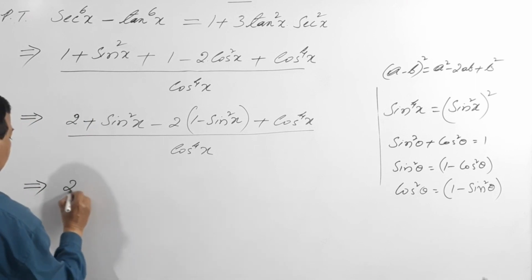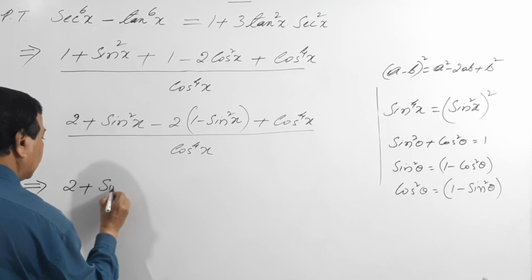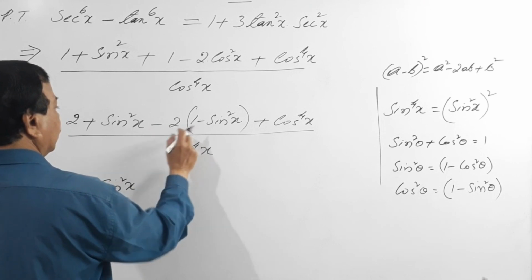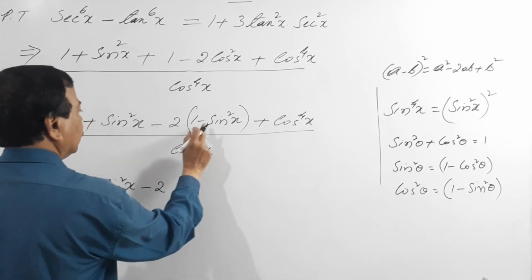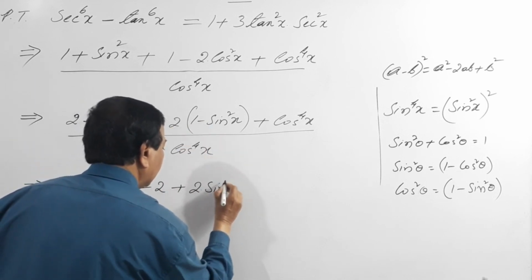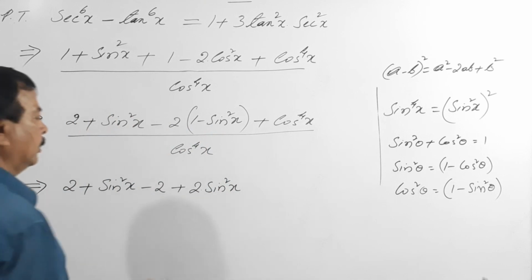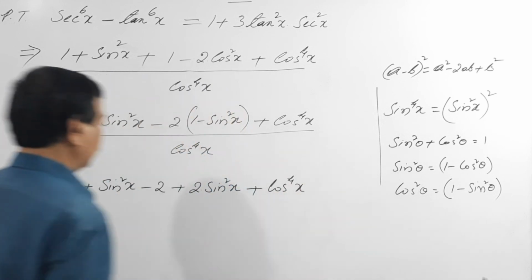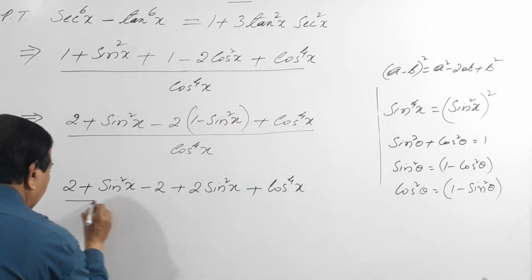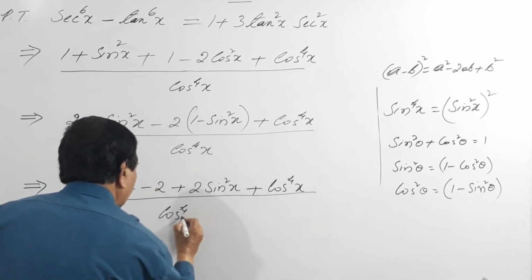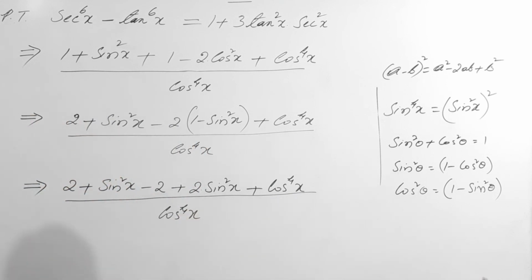That equals 2 plus sin square x, minus into minus 2 becomes plus 2 sin square x, plus cos to the power of 4x divided by cos to the power of 4x. So here you have plus 2 and here you have minus 2.